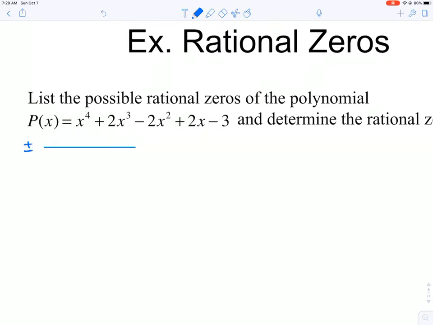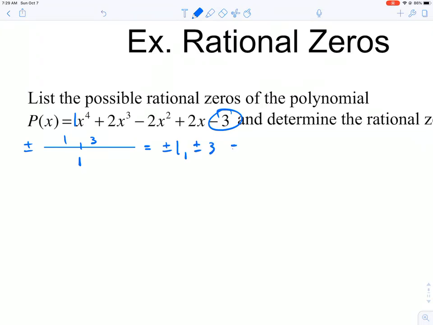We look at all the factors of the constant, -3. The positive factors would be 1 and 3. The leading coefficient here is just 1. So the only possible positive factor of 1 would be 1. Okay, so the only combinations we have are plus or minus 1 or plus or minus 3.